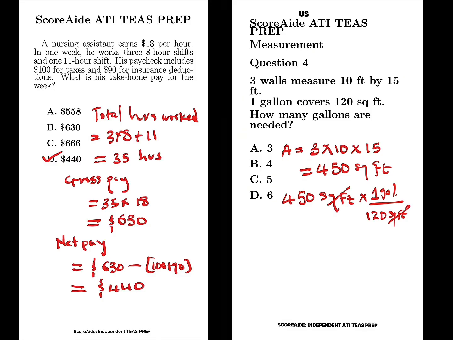So this is going to give us 3.75 gallons. So approximately 4 gallons, right? So the answer here is going to be B.